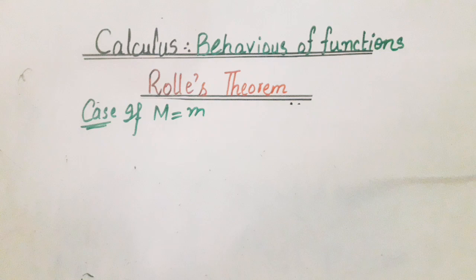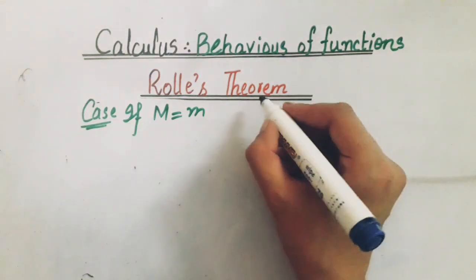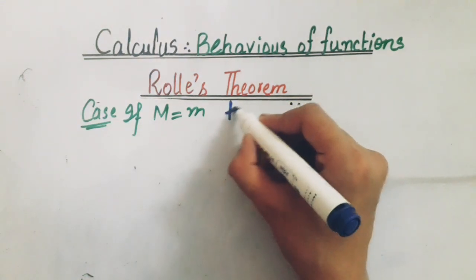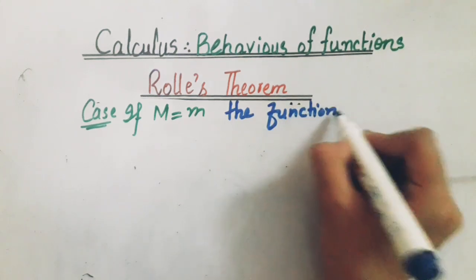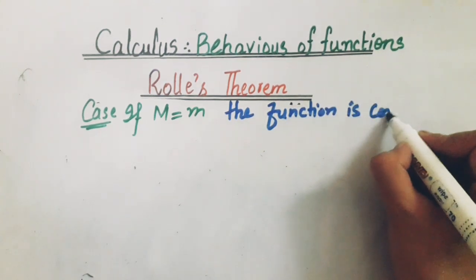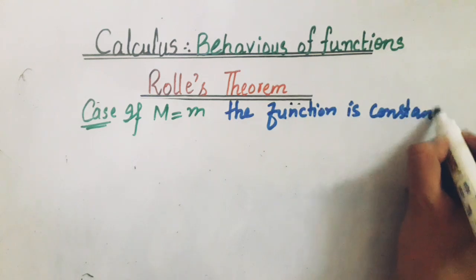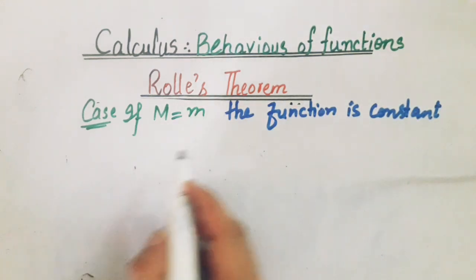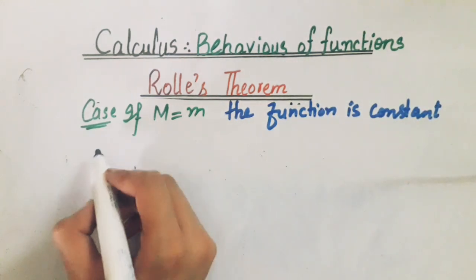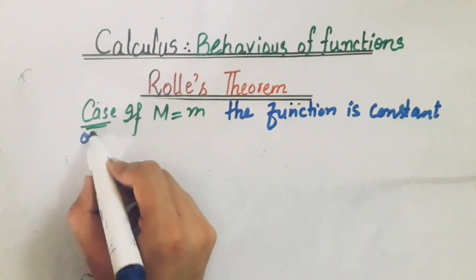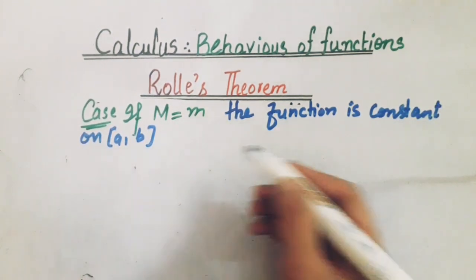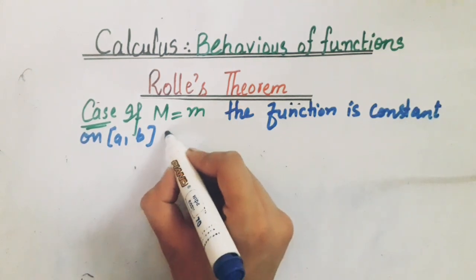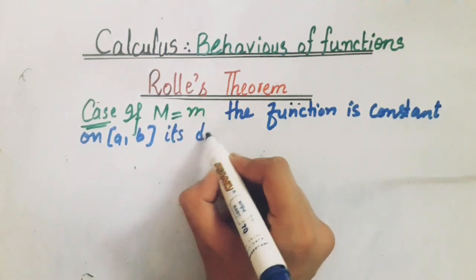So we will say that the function is constant. If both supremum and infimum are equal, we will say the function is constant on the closed interval [a, b]. For a constant function, we will say its derivative will be 0.